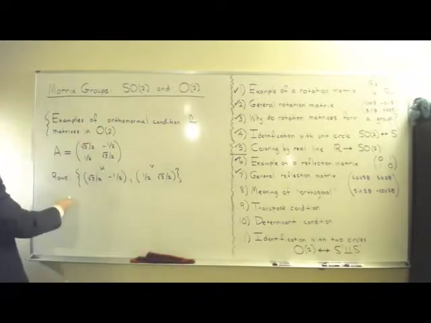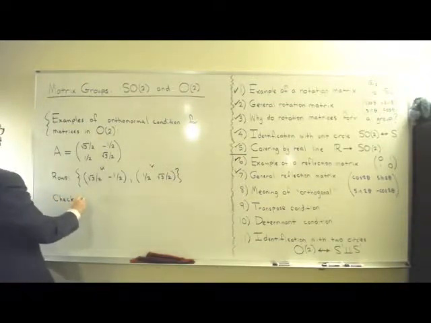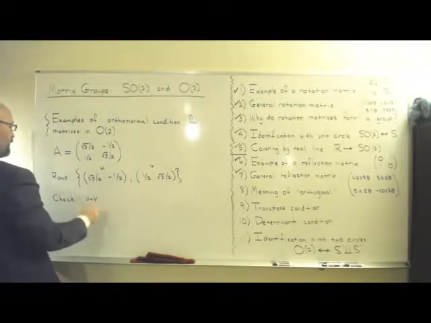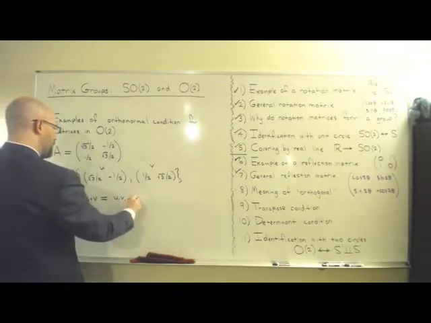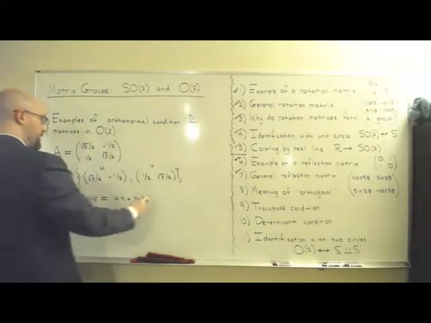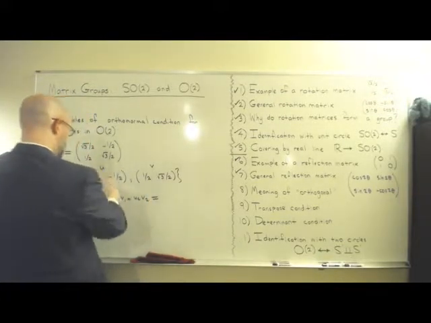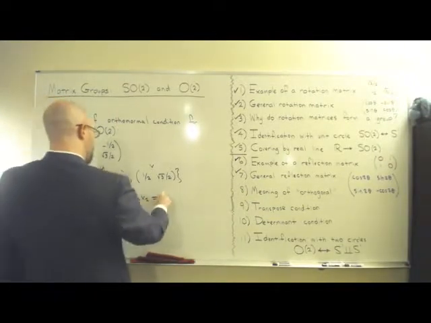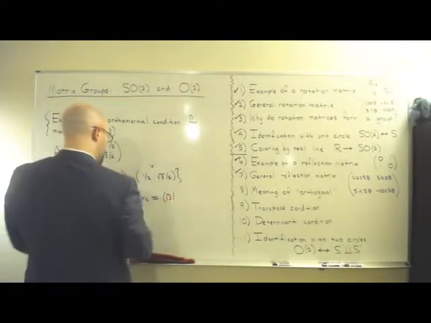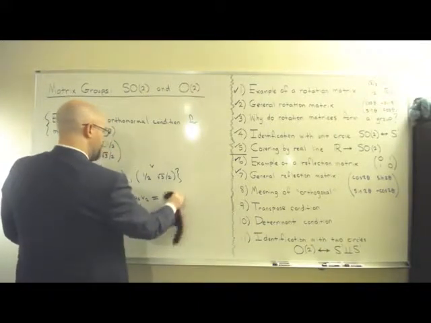Well, we need to check some things. So first let's look at U dot V. What does that mean? Well, it means U1 V1 plus U2 V2, and then we can write out what these are in terms of what I said those are there. So U1 is square root of 3 over 2.